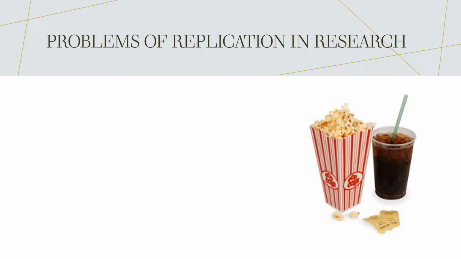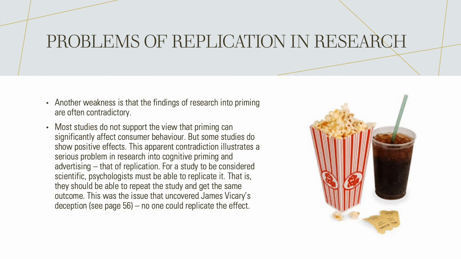Another problem is with the fact that research into priming is not often replicated. So most studies do not support the view that priming has a significant effect on consumer behaviour. Some studies do show a positive effect, but the fact that there's a contradiction in these findings shows that there's a lack of replication.